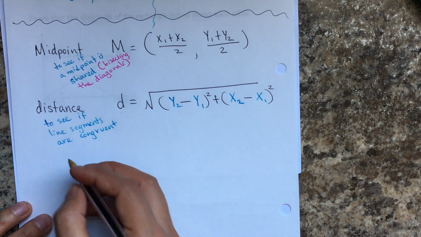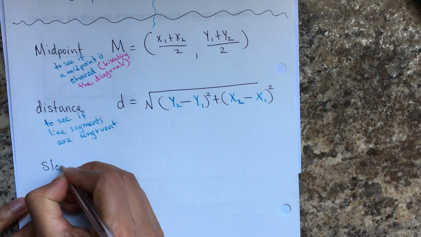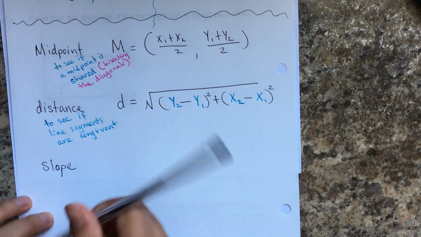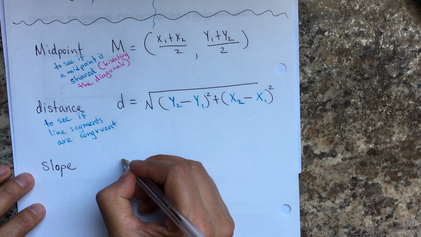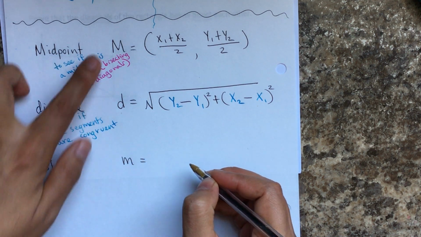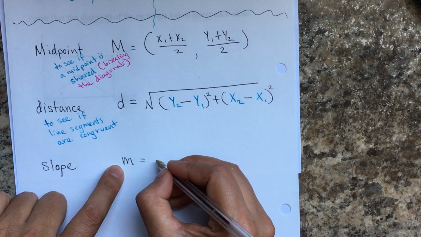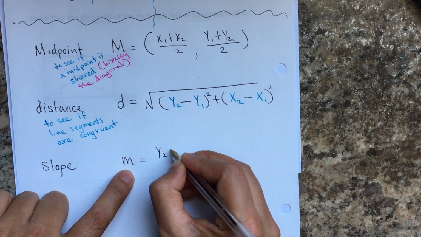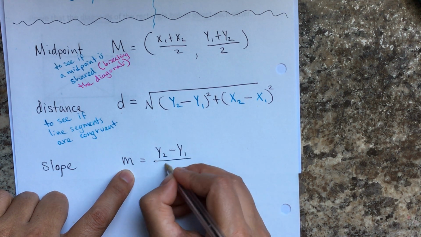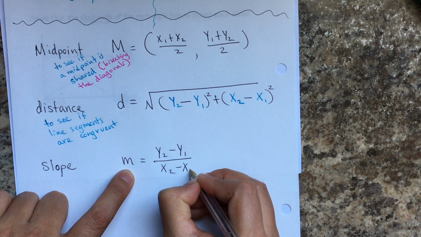The other one is the slope. And the slope formula is m equals, notice how for the midpoint it's a capital M, for the slope it's a lowercase m. m equals y2 minus y1 over x2 minus x1.